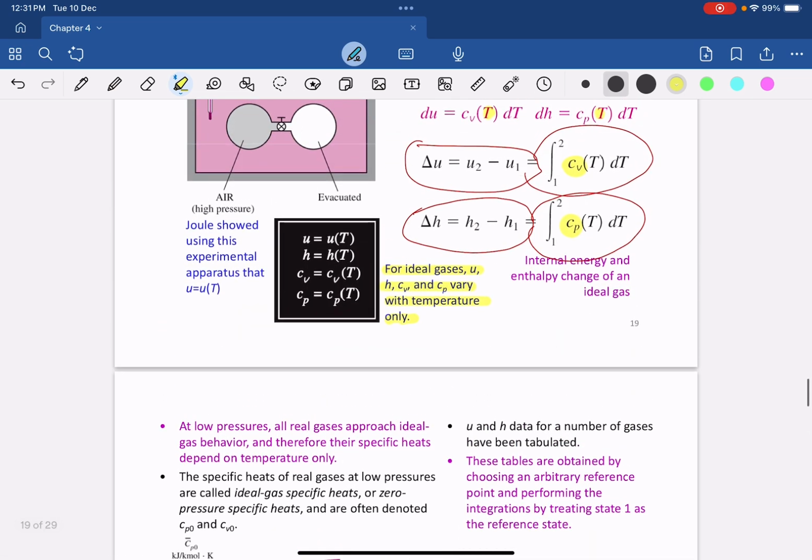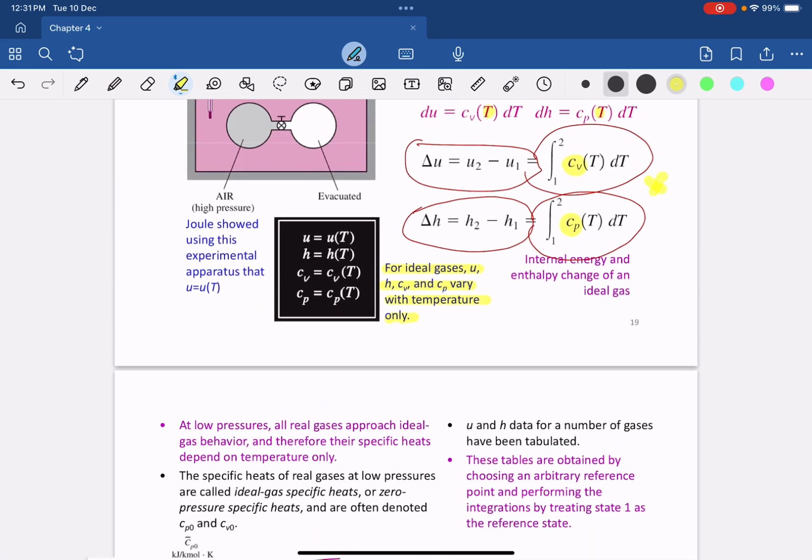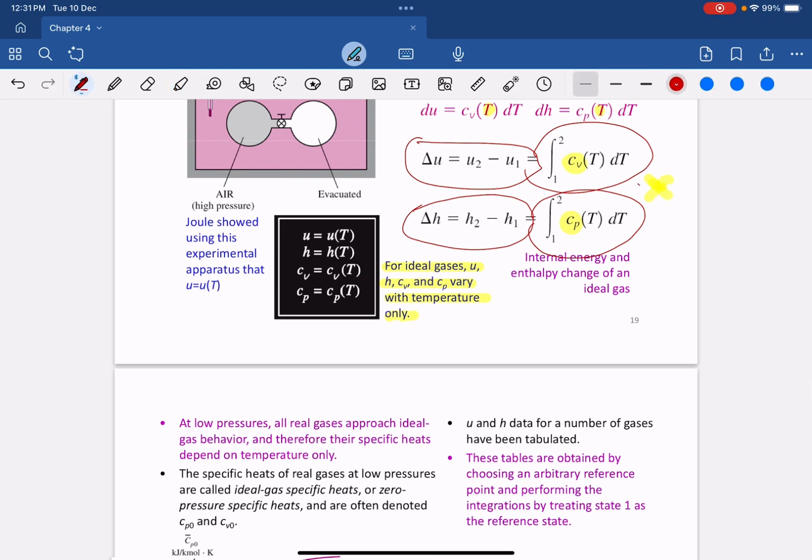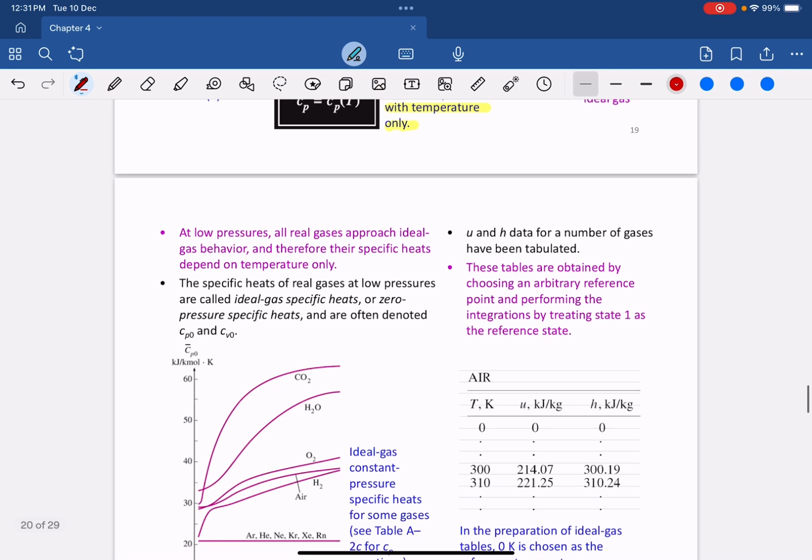These two relations are true for ideal gas at low pressure. It says here that at low pressure, all real gases approach ideal gas behavior. So if we do not have an ideal gas, please remember this: a real gas will always behave like an ideal gas at low pressure.